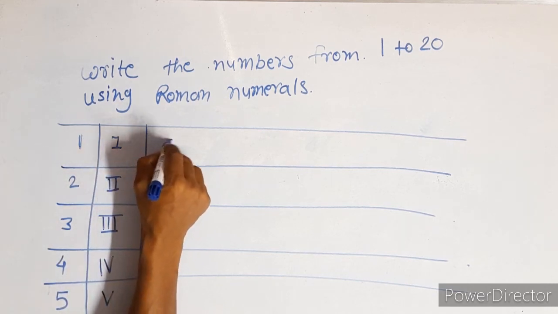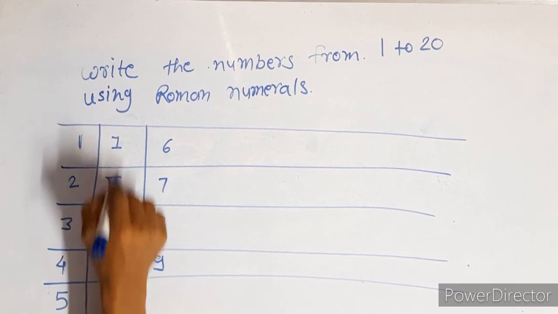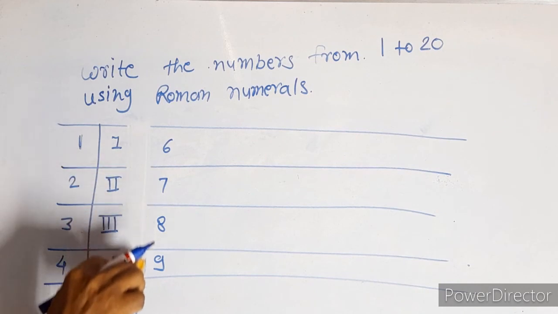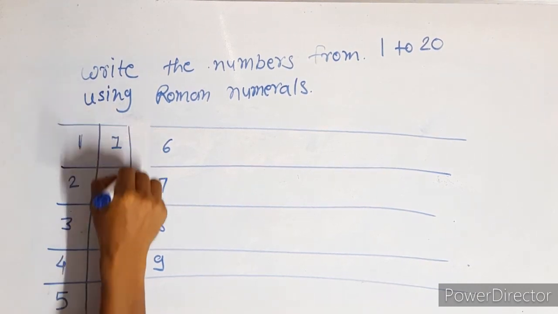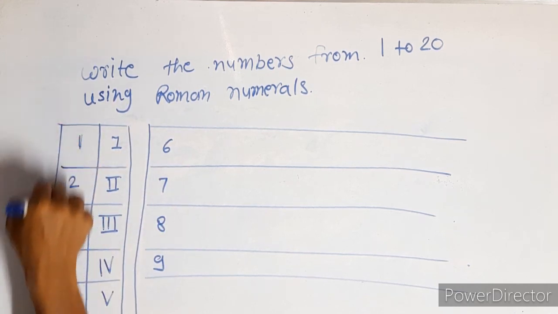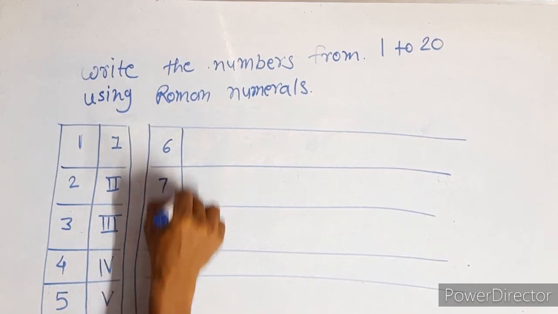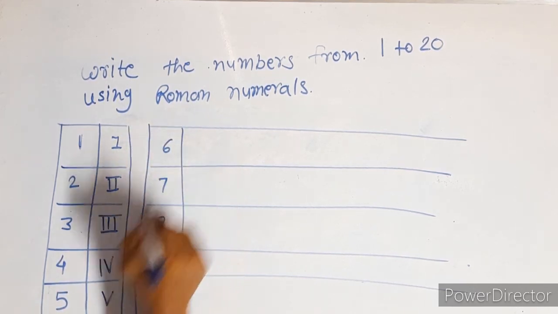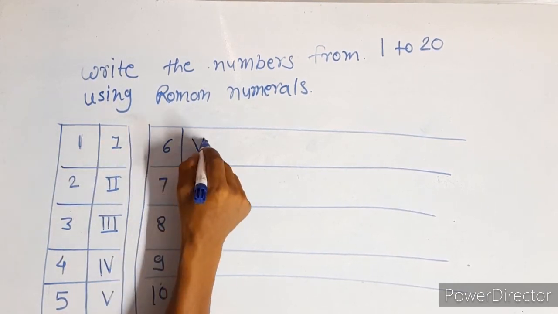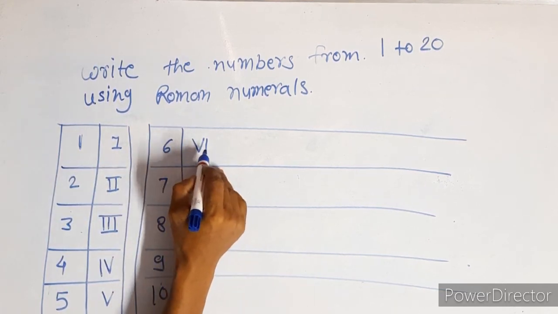Next 6, 7, 8, 9, 10. Now for 6 we use V, which means 5. Using the smaller symbol on the right side means 5 plus 1.